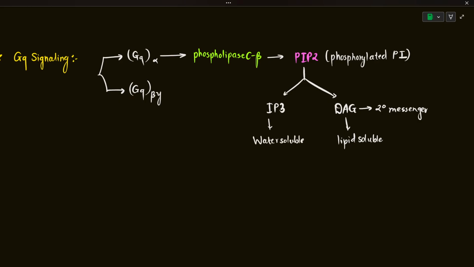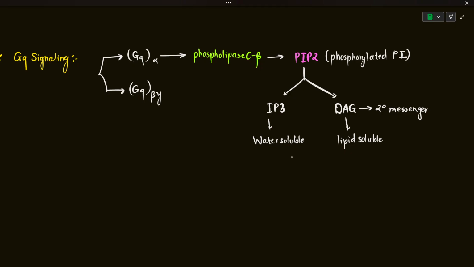As IP3 is water soluble, imagine this, close your eyes and imagine what I'm trying to convey to you. PIP2 is sitting inside the plasma membrane, on the cytosolic leaflet maybe, and the phospholipase C beta comes and breaks it down. Imagine phospholipase C as a scissor.